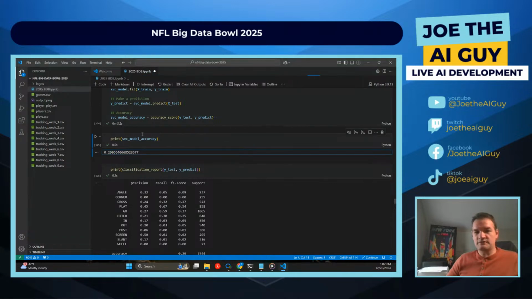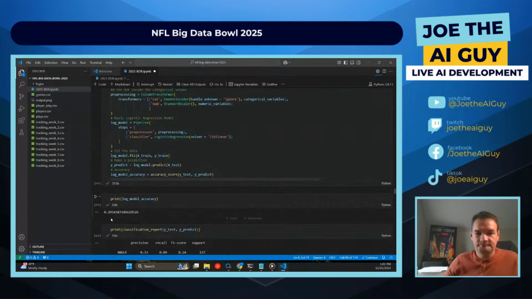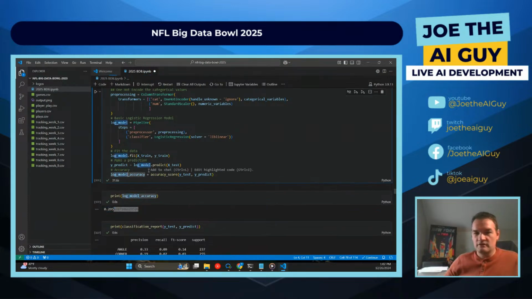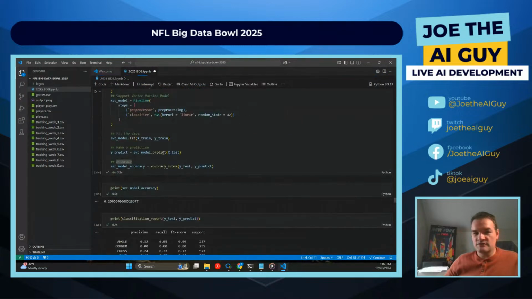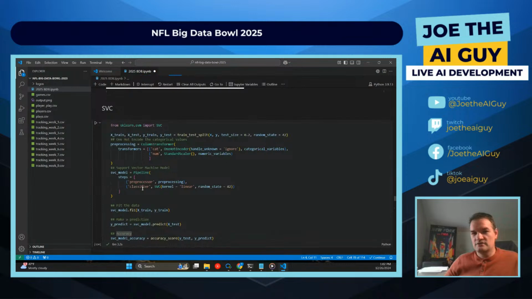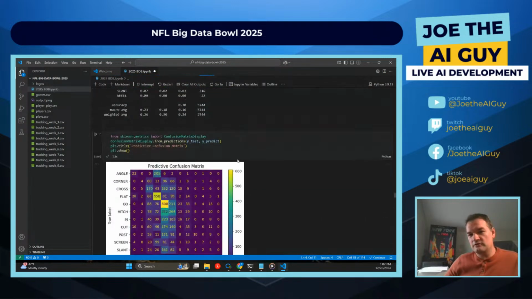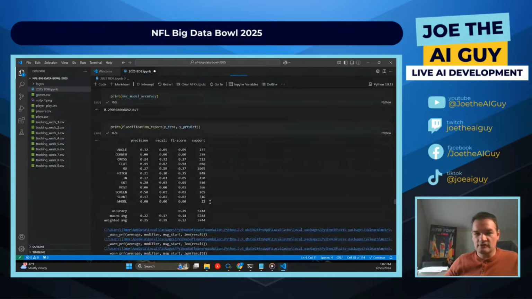The support vector classifier is up to about 29%. So it's just about matching the output that we get from the logistic model here. But in terms of time to run, it only takes 30 seconds for the logistic model versus this support vector classifier. That's because its approach is a bit different from the logistic model, which is basically just trying to say yes or no to a given answer.